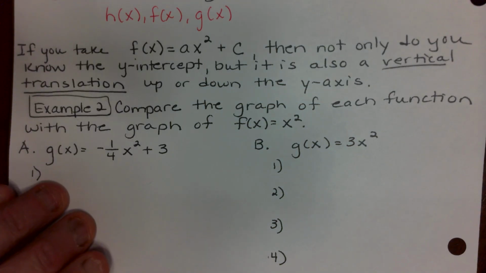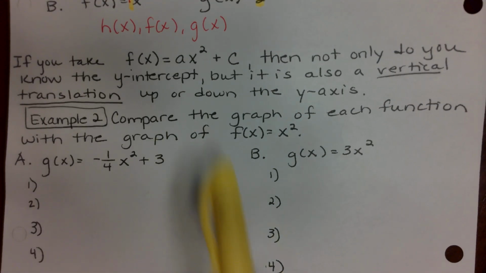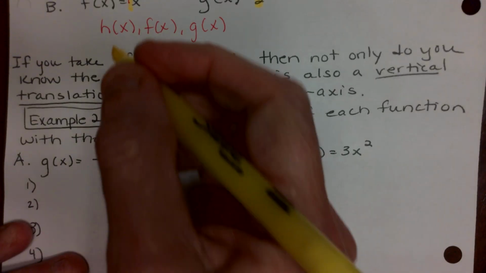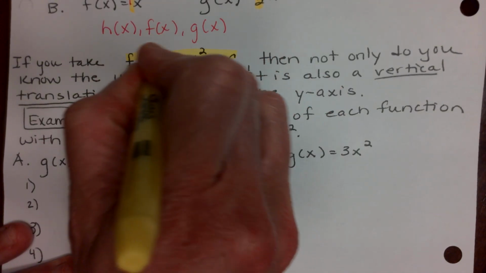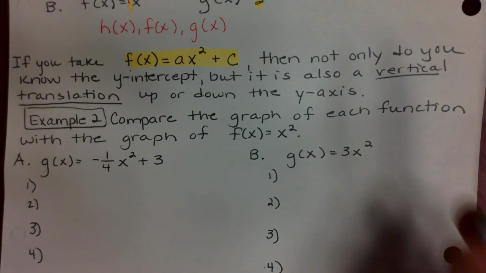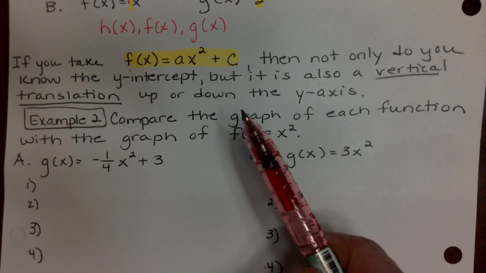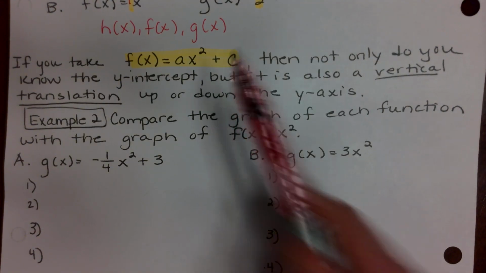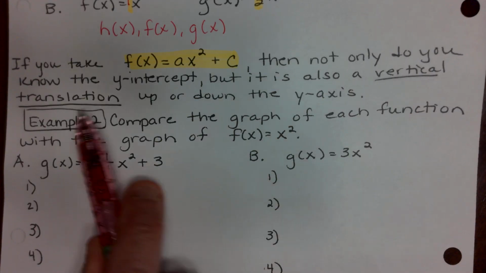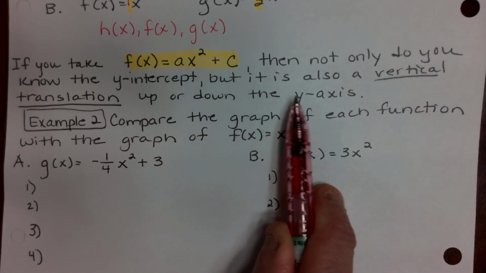So let's look at this next thing that you're going to do in your homework. Oh no, actually this is fun. If you take this, then not only do you know the y-intercept, just like we talked about, that c is the y-intercept, but it is also a vertical translation up or down on the y-axis.